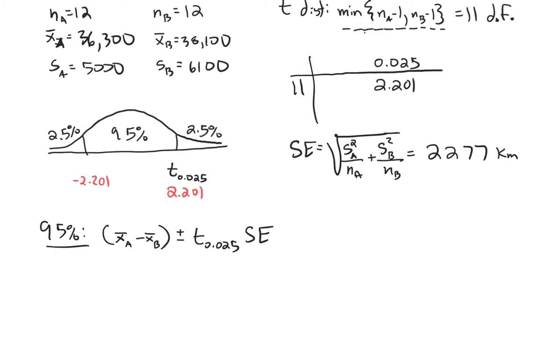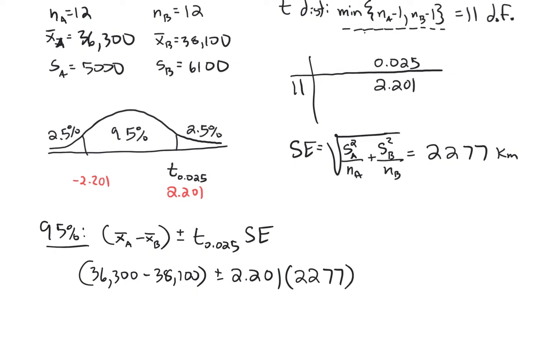We know all of these things. So this is 36,300 minus 38,100 plus or minus t of 0.025, we said was 2.201 from our table, and the standard error we calculated was 2,277.